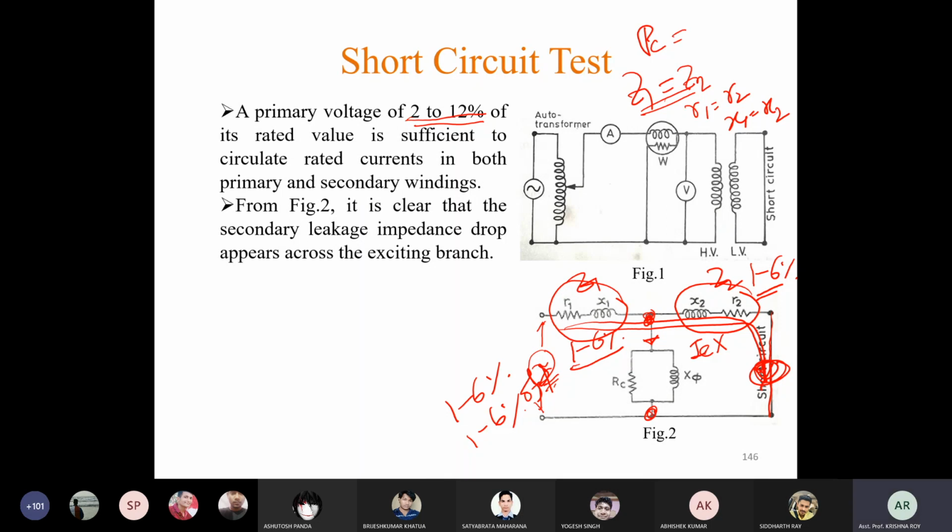One is hysteresis loss, that is proportional to Bm to the power x, that is Steinmetz constant I have discussed in last class, which has a value between 1.5 to 2.5, and the eddy current loss, that is directly proportional to Bm square. So if we take this x value as 2, we can say this core loss is approximately proportional to Bm square, correct?